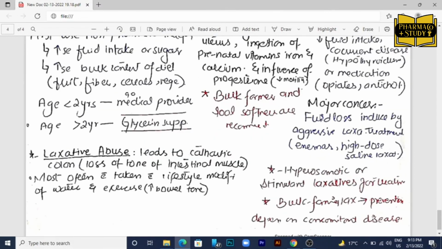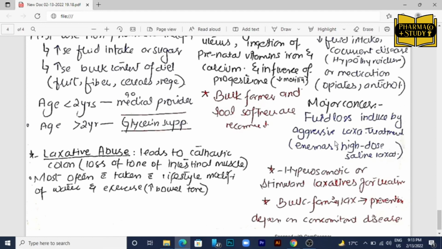The major concern while treating geriatric patients is fluid loss induced by aggressive laxative treatments. Most patients, when they use laxatives, continue using laxatives and make it part of their habit.